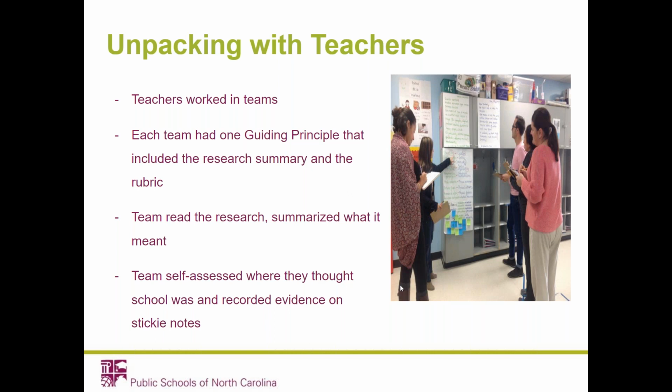But before they did that, the team had a group dialogue about their assigned guiding principle that looked at the research summary first. What did the most current research say about your strand on assessment, for example? After they read through the research and synthesized it as a team, they then went through the rubric itself, and they assessed where they felt the school was.